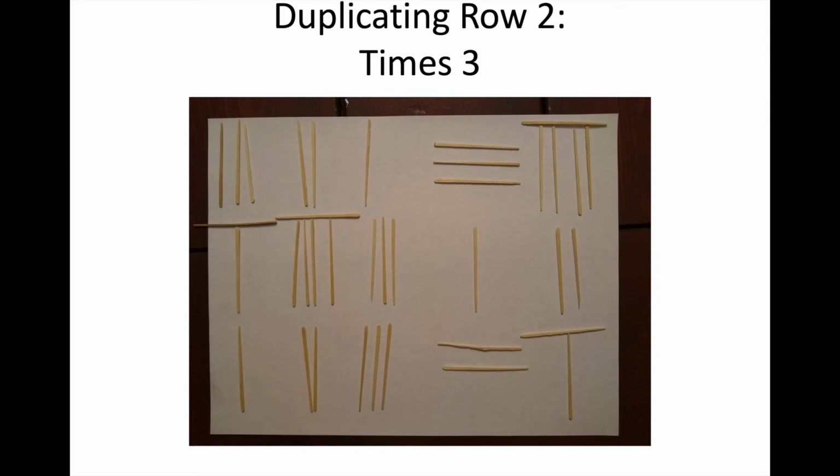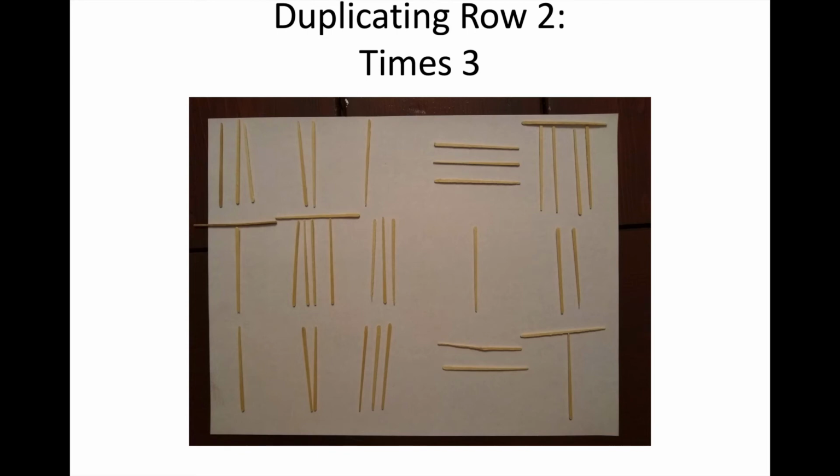What's the motivation for tripling that second row? Well, if I triple the second row, that means that first column in the second row is a multiple of 3 now. And the first row has a 3 in that first column.